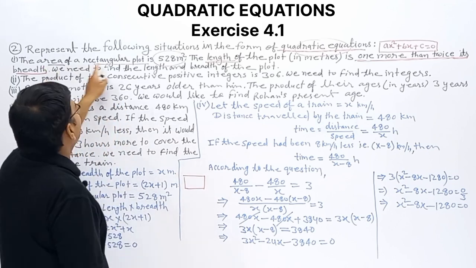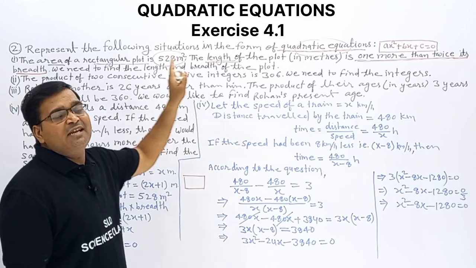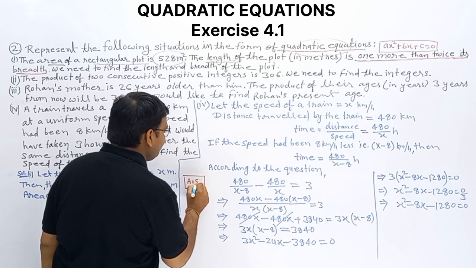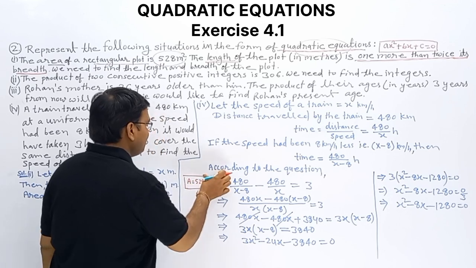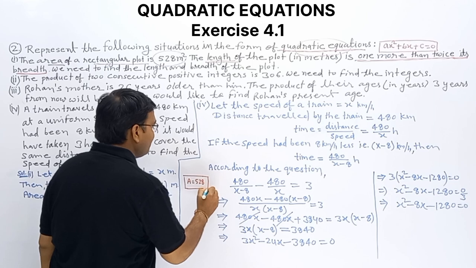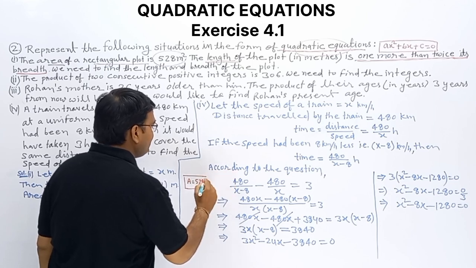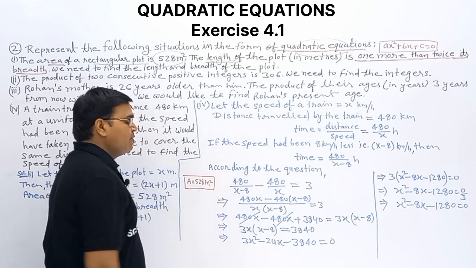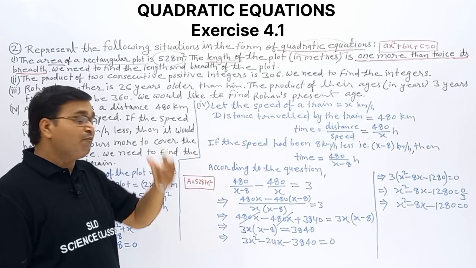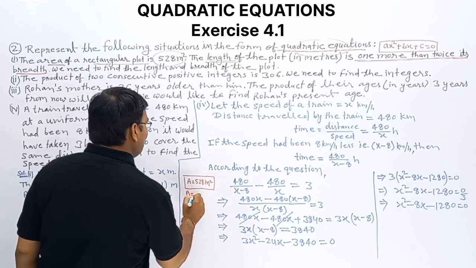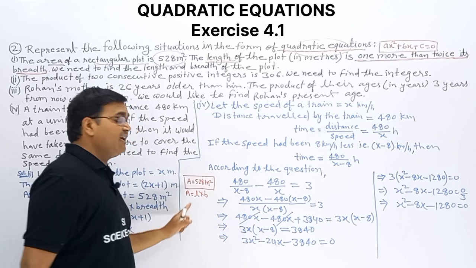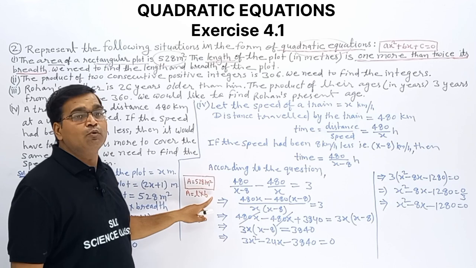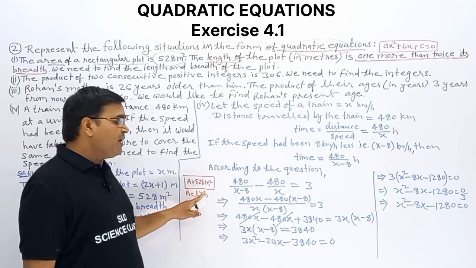So we have a rectangular plot whose area is given as 528 meter square. Why are we using meter square? Because the area of a rectangle is length into breadth, length multiplied by breadth.